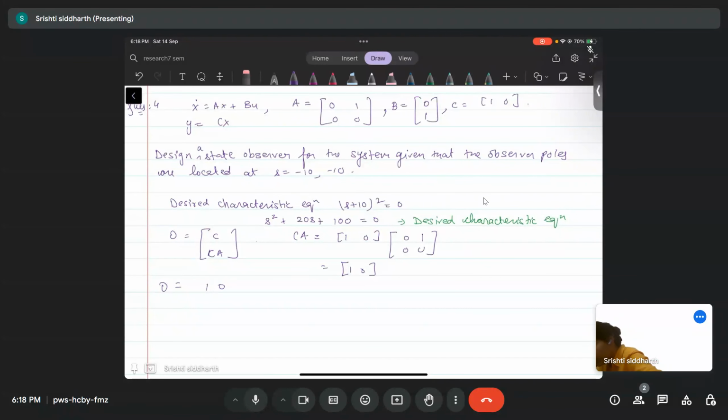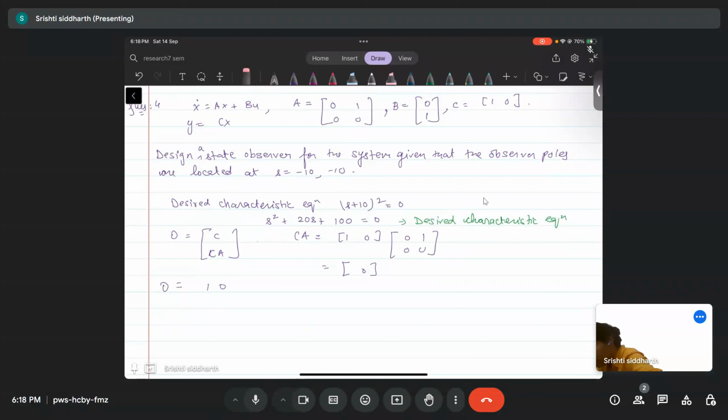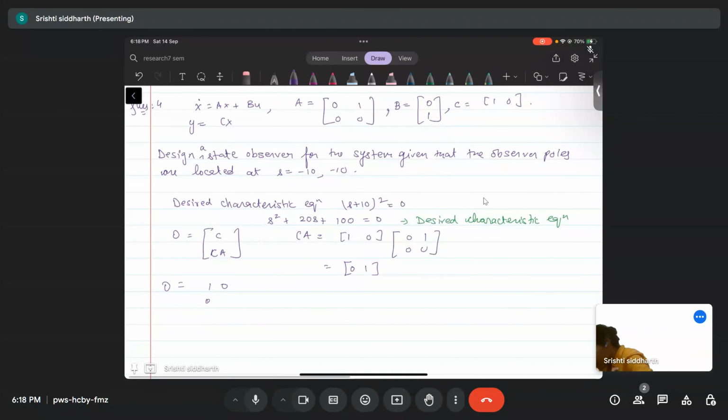This is the identity matrix. Determinant is of course 1, which implies that the system is observable and the pair CA is observable.